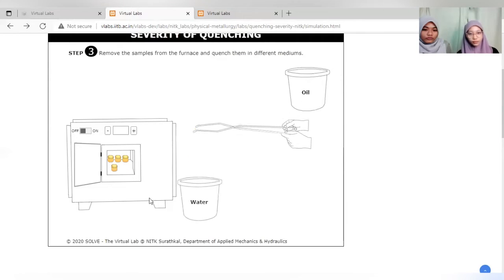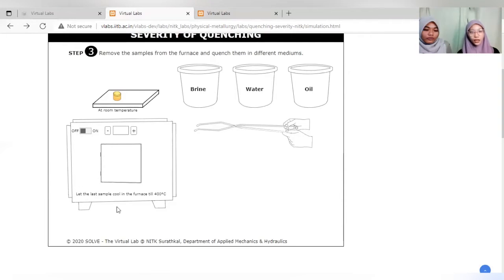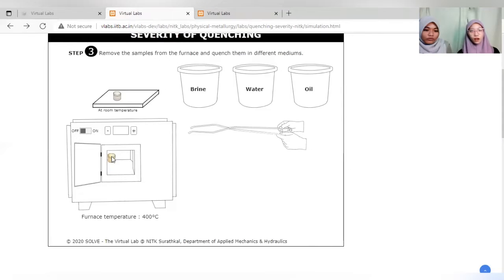So first is oil medium, second is water medium, the third one is the brine medium, the former we put at room temperature, and for the last one we close the machine and let the last sample cool in the furnace till 400 degrees Celsius. So we take it out and put it in air at room temperature.